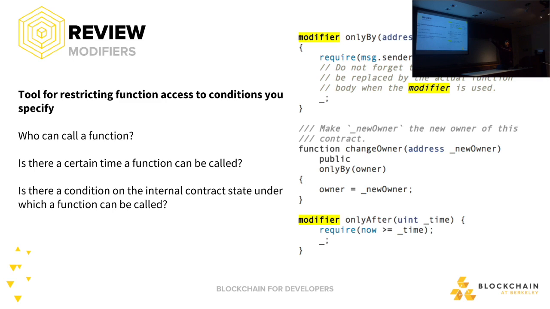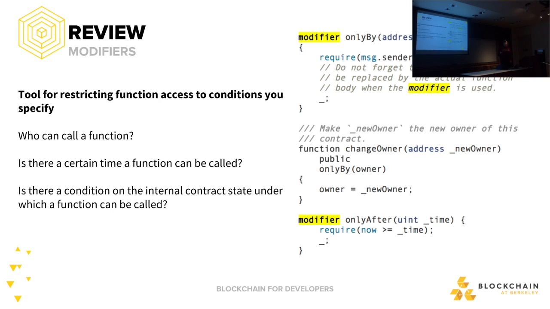Over here on the right side is an example of how you would use a modifier, taken from the Solidity documentation. At the top you see this modifier is defined with the modifier keyword. The body of the modifier specifies the condition under which this function, change owner, can be called.